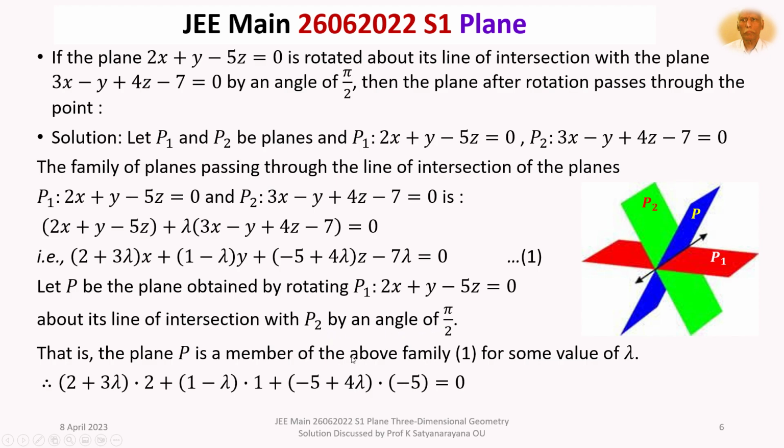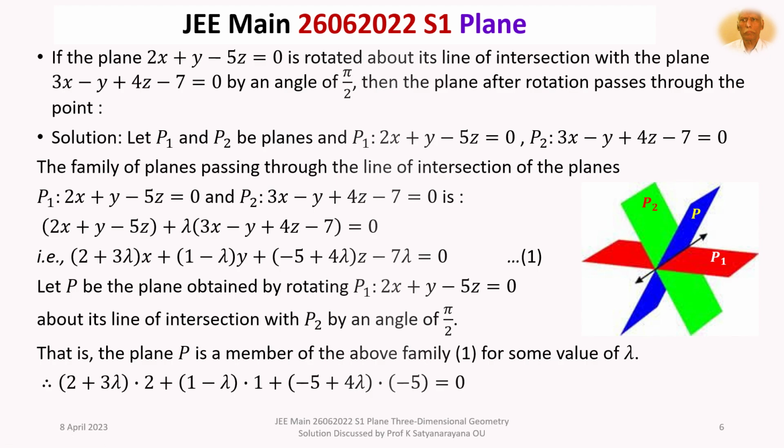So P1 and this member of family 1 are orthogonal. Therefore, using the orthogonality condition on the direction ratios, 2 plus 3 lambda multiplied by 2, plus 1 minus lambda multiplied by 1, plus minus 5 plus 4 lambda multiplied by minus 5 is equal to 0.